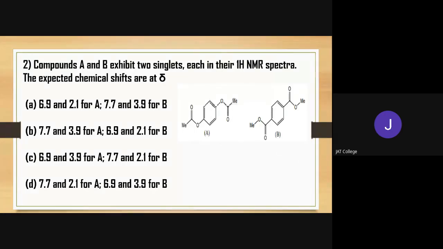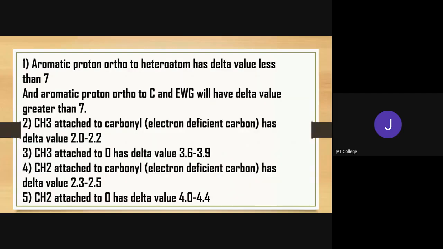The expected chemical shifts are at delta. What I have told you, if the CH3 is attached to oxygen, as in point number 3, its delta value is 3.6 to 3.9.